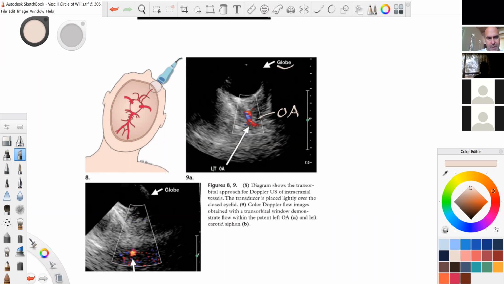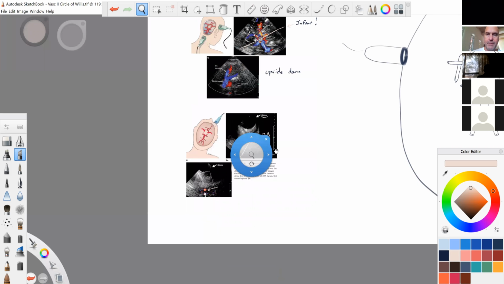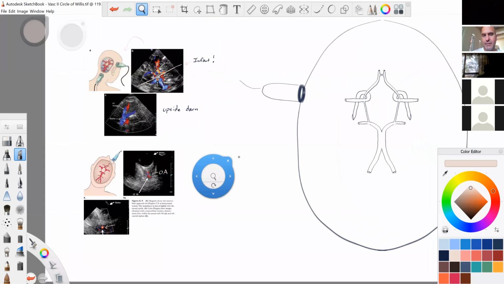And this person was actually able to go far enough down to see part of the carotid siphon. So he followed the ocular artery all the way until it was no longer the ocular artery, and then the only thing it could be is the carotid siphon at that point. That's pretty cool. Pretty cool stuff.